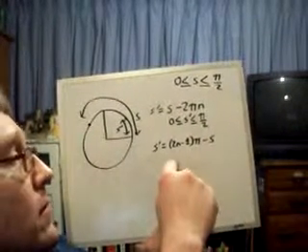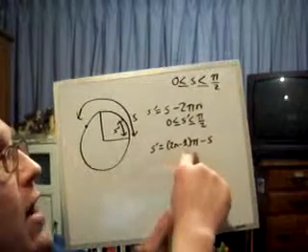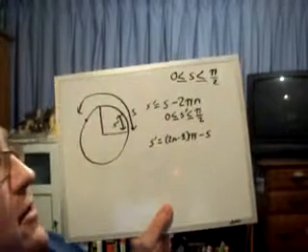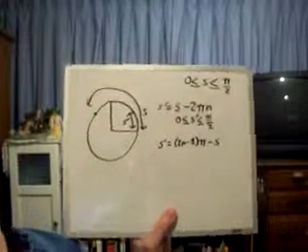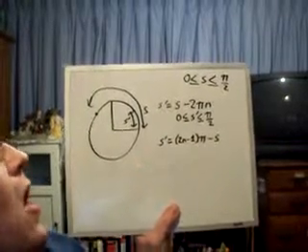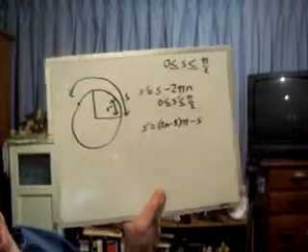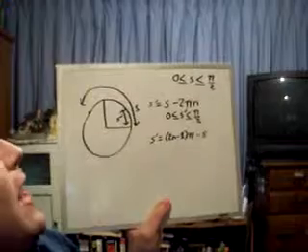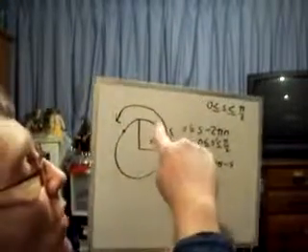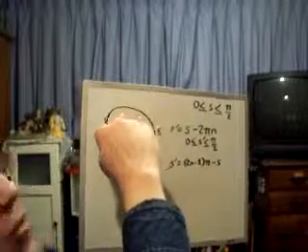well, that would leave a negative 1 pi minus S. That'd be a mess. Well, anyway, let's say that S does go around the circle once, but it stops right here.